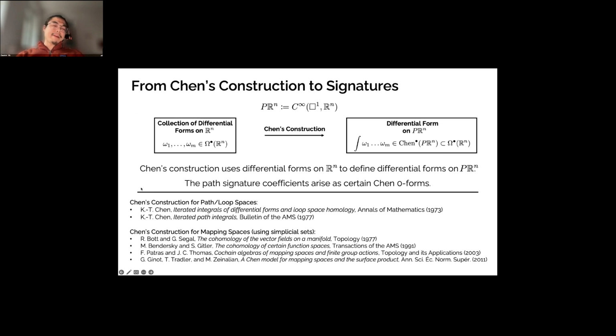Here he was primarily interested in geometric ways of studying loop space cohomology, so some sort of de Rham theoretic way of studying this. And very soon afterwards, this construction was extended to mapping spaces, to look at cohomology of mapping spaces from a more geometric perspective. And all of these constructions are based on using simplicial sets.